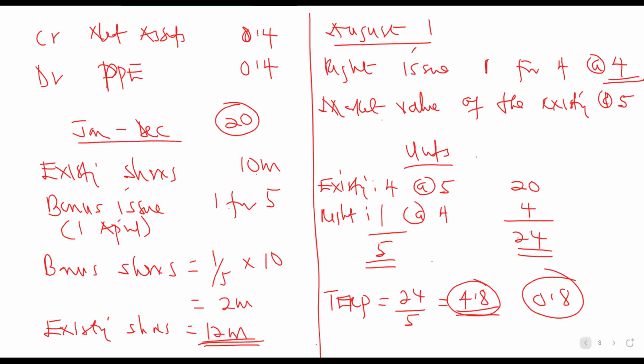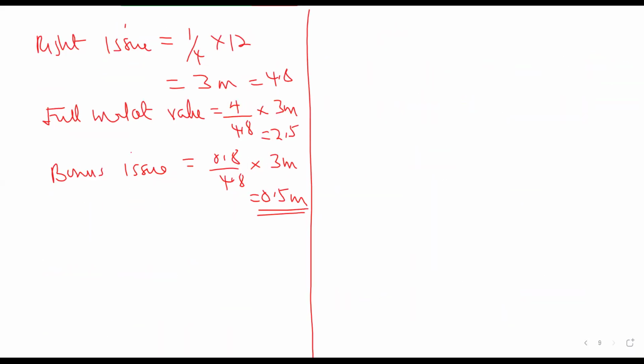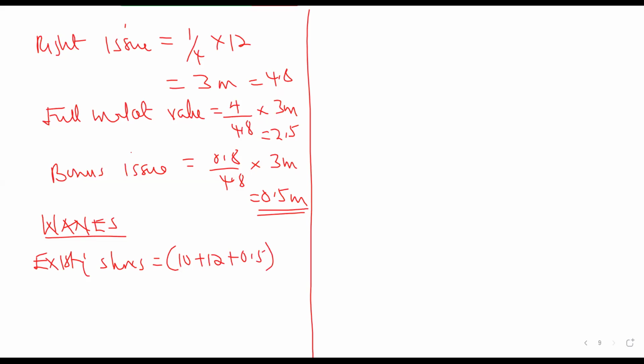Bonus issues are assumed to be in existence from the time that the company has started. So your existing shares will now be the 10 million plus the normal bonus issue plus the bonus issue from your right issue. So we have 2 million as a normal bonus issue.